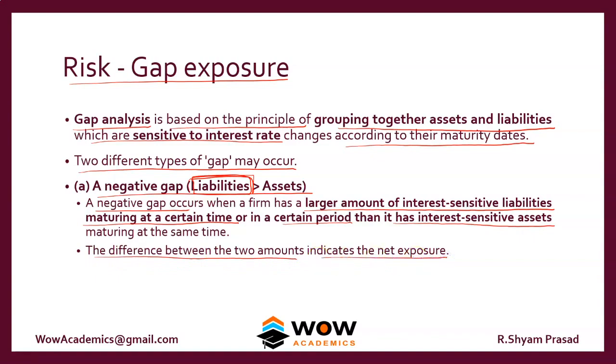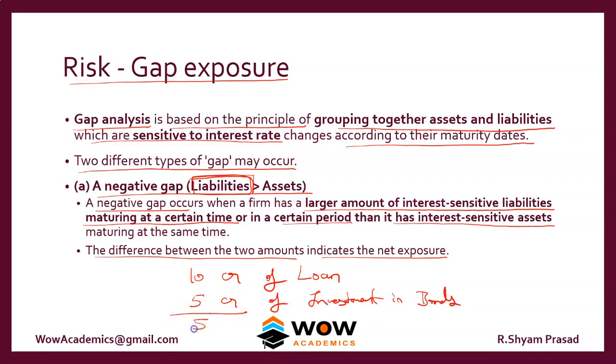So you'll have something like this: the company has 10 crore of loan and the company also has 5 crore of investment in debt, in bonds or something. So in net effect, they now have a 5 crore liability mismatch.